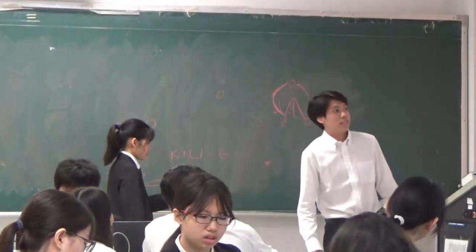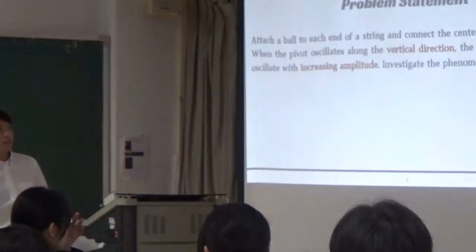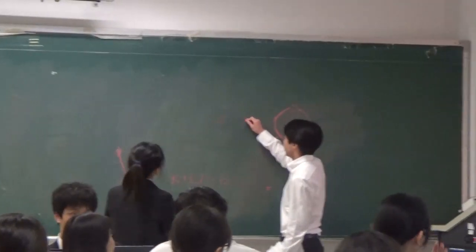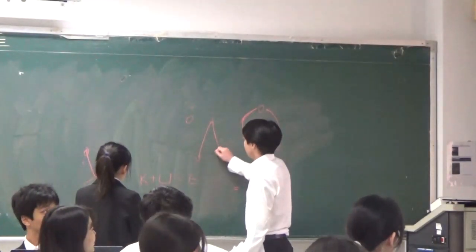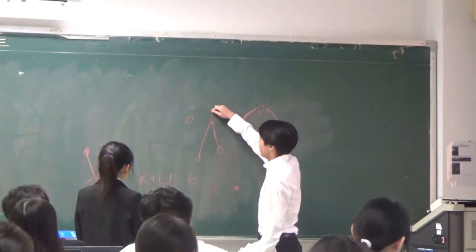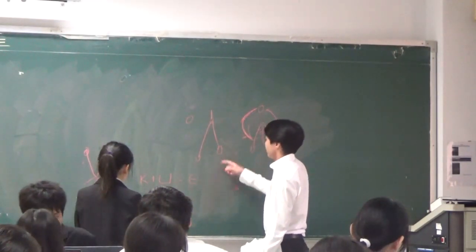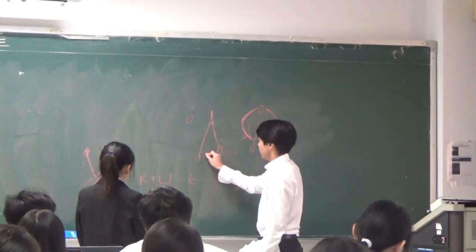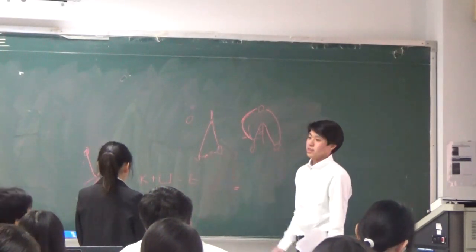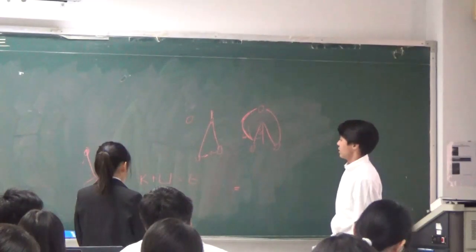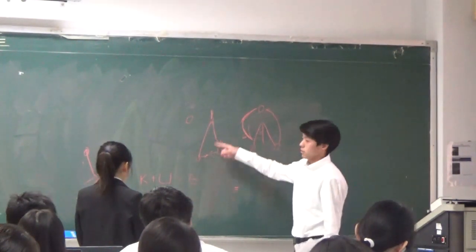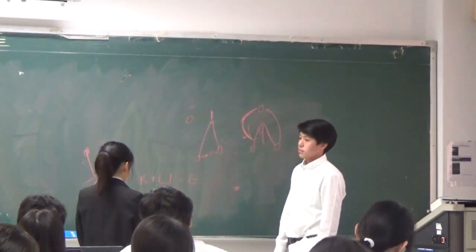The problem statement says that it oscillates around the vertical direction, and when you think about the pivot, when the pivot goes up, the balls will be pulled towards the pivot. I think that is a very important aspect to consider. Have you considered centripetal force? I did.